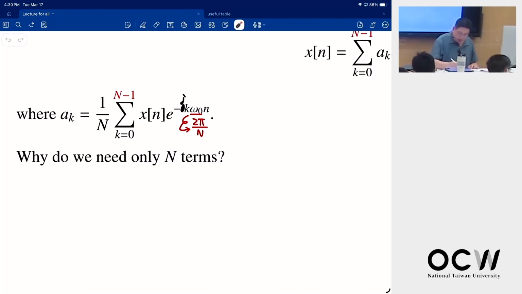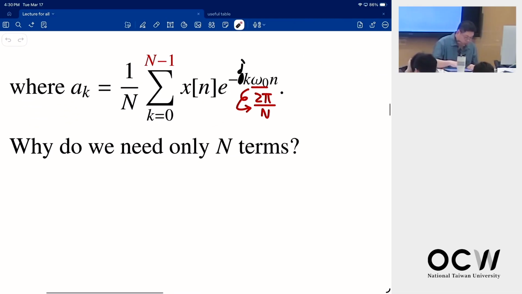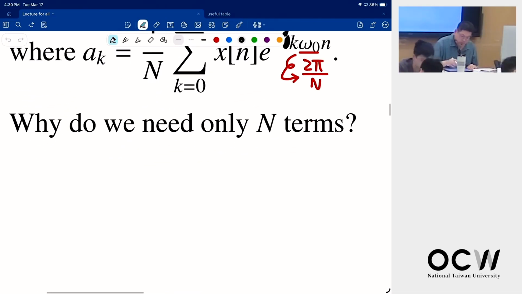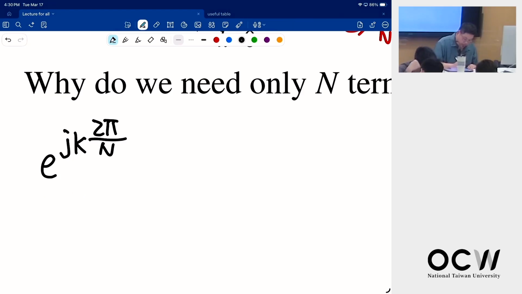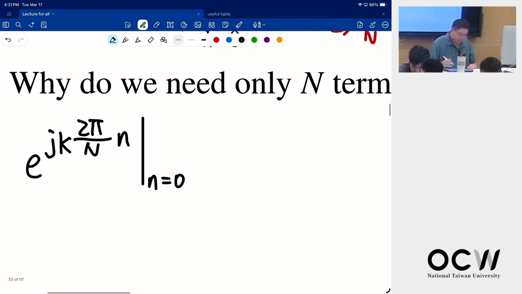Let's see this exponential term. For this exponential term, n is just an integer. e to the j k 2 pi over N times lowercase n. When n equals 0, what is the result? e to the 0, that's 1, right?